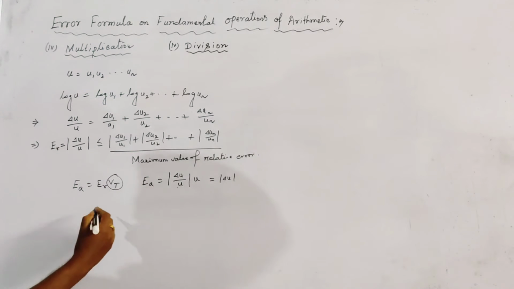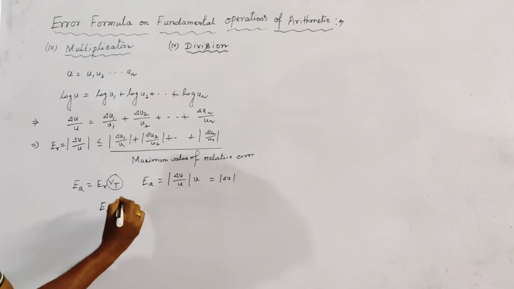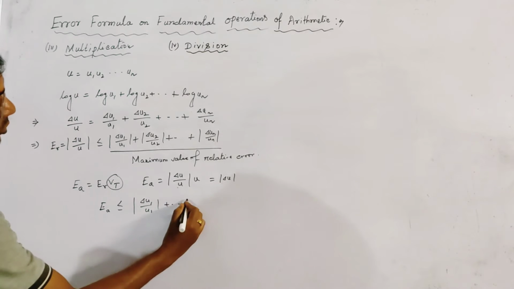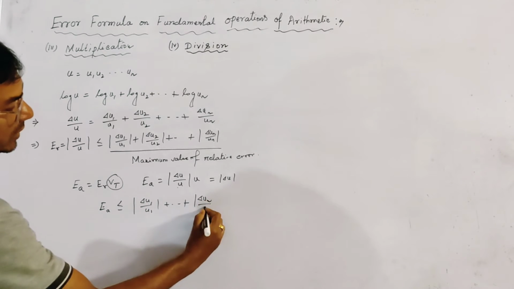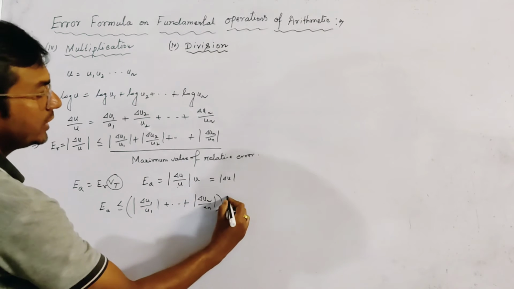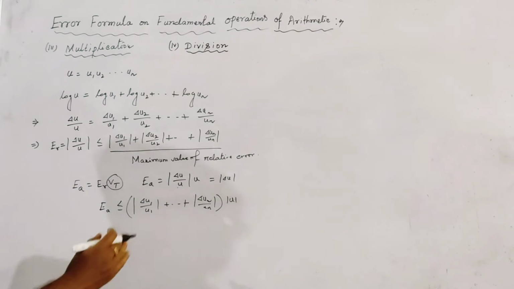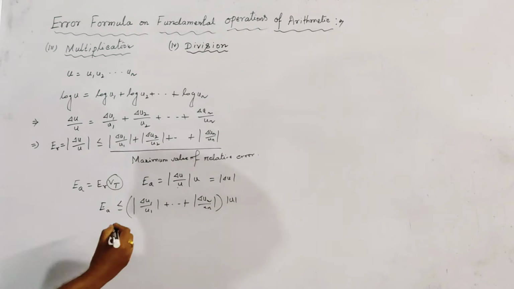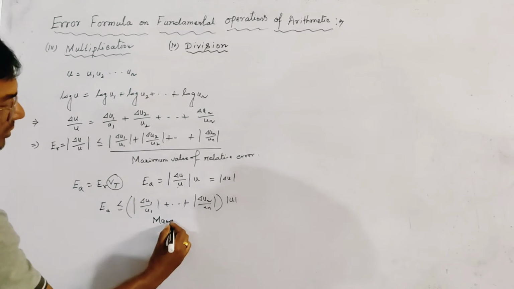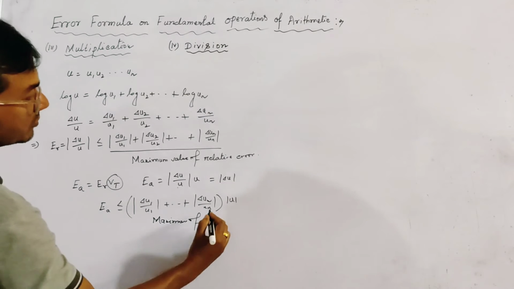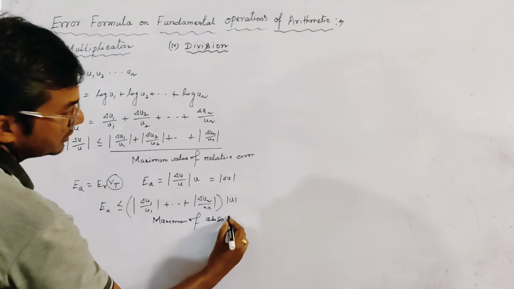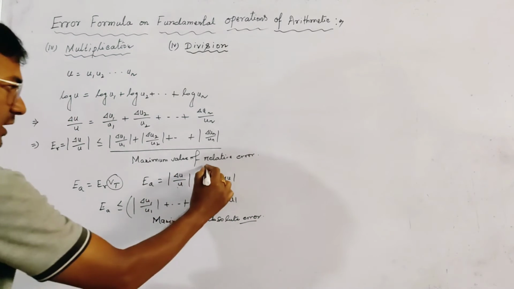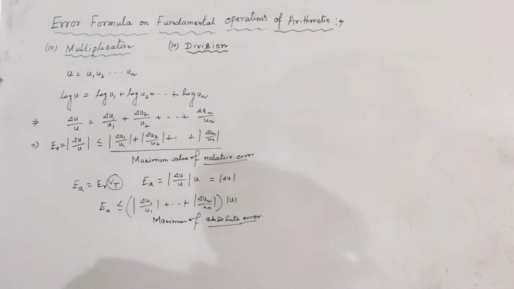So the maximum value of EA is given by mod of delta u1 by u1 + ... + mod of delta un by un, into mod u, or simply u, because u is taken to be positive. This is the relative error and this is the absolute error.